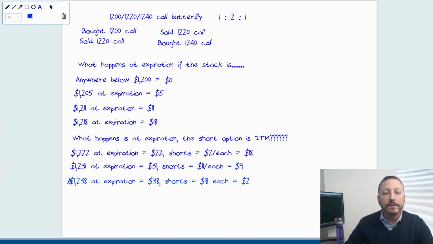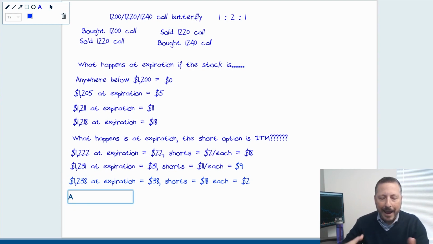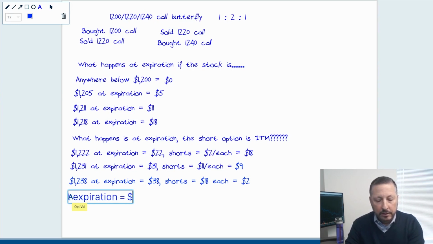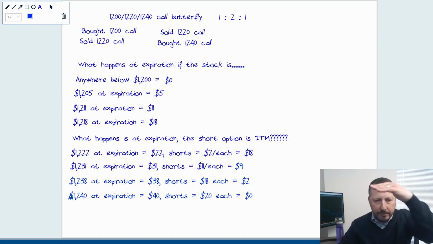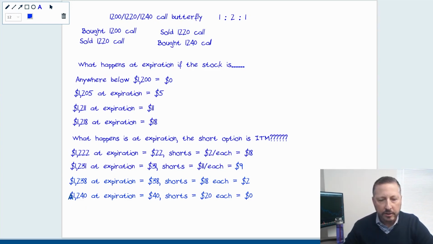And then at 12.40, okay, the magic of 12.40 being the upper end, the long is going to be worth 40. The shorts are worth $20 each. So the overall value is 0. What happens then at any price over the top strike at expiration, the value is going to be 0.